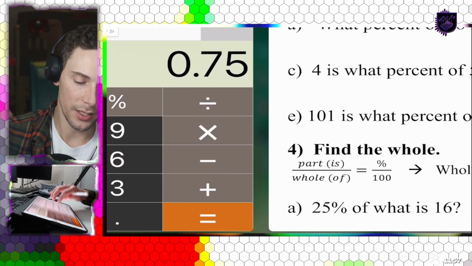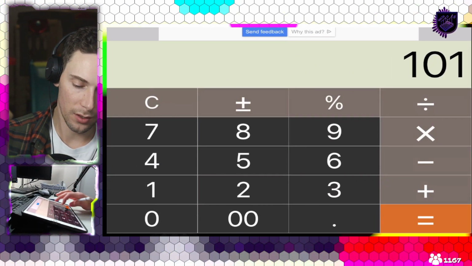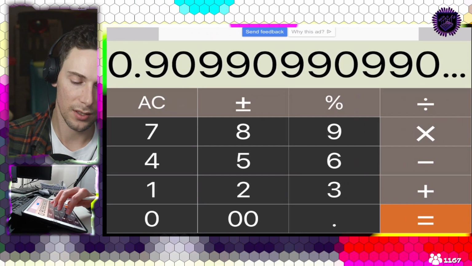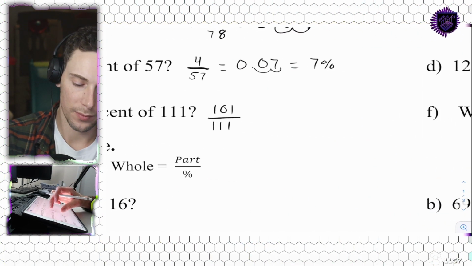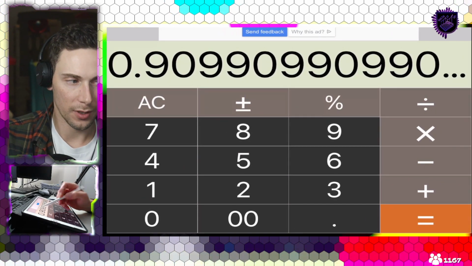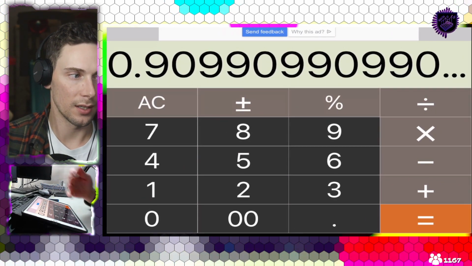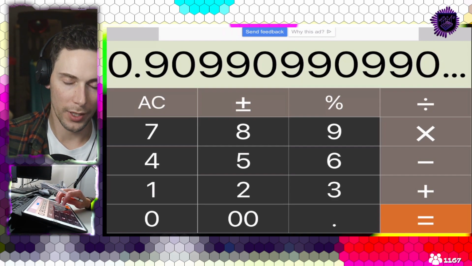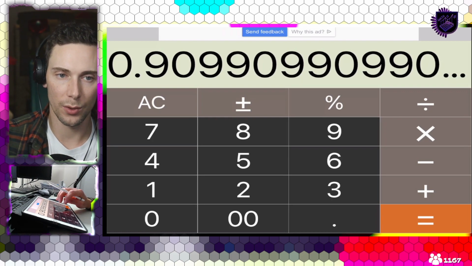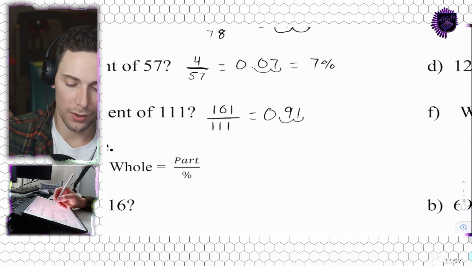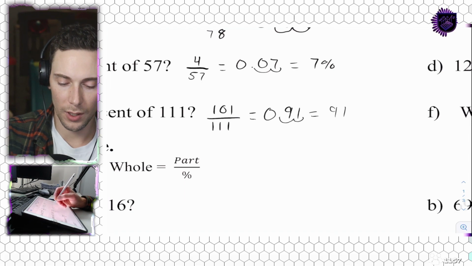Let's do that on our calculator. 101 divided by 111 is equal to 0.909, so we're going to round up to 0.91. We're going to move our decimal place over 1, 2. This is going to be equal to 91%.